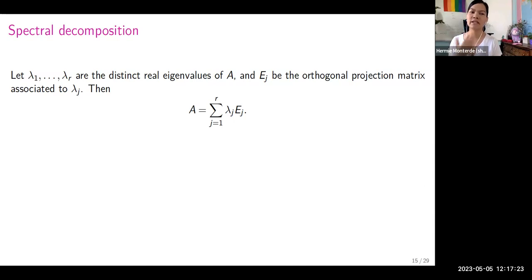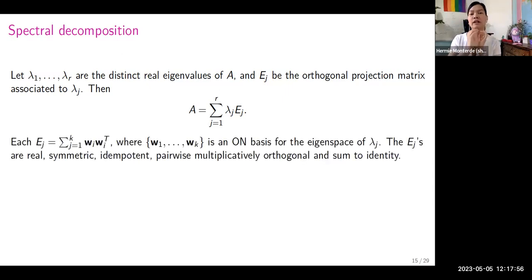If we have the distinct eigenvalues of the real symmetric matrix A, say lambda 1 to lambda r, and we denote the orthogonal projection matrix to the lambda j eigenspace as E_j, then this is a fact that you can write that real symmetric matrix as a linear combination of the orthogonal projection matrices where the coefficients are your distinct eigenvalues. This is really just what's happening in here. First things first, the E_j's have very nice properties.